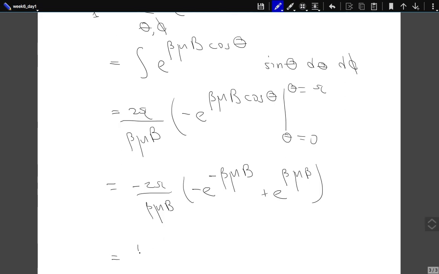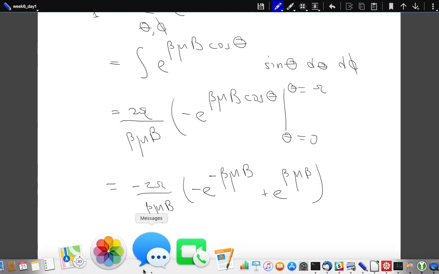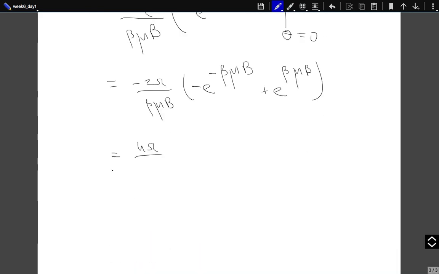Or this is 4 pi over beta mu b times sine hyperbolic beta mu b.